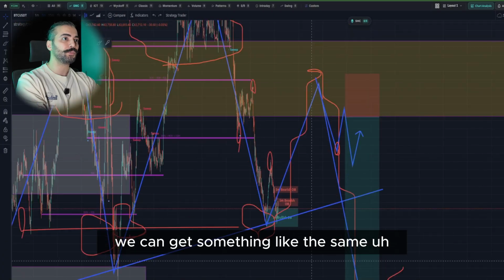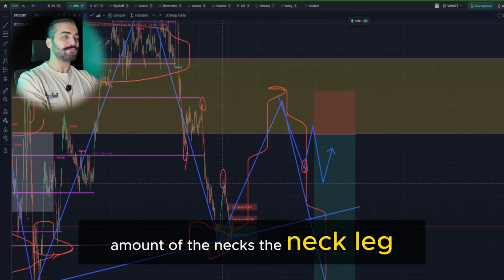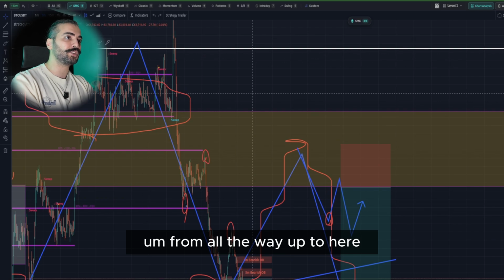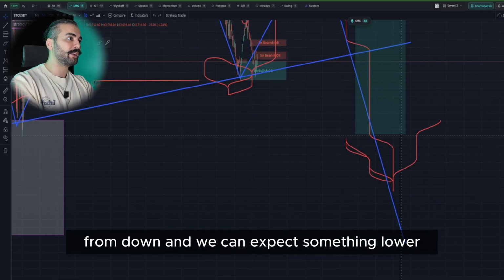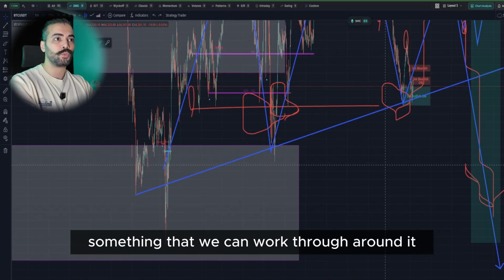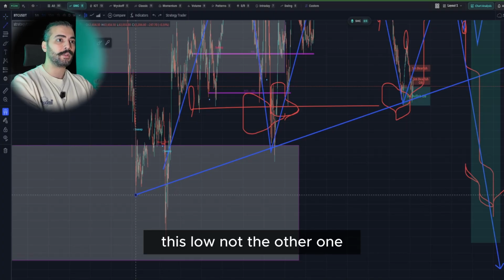And breaking it, we can get something like the same amount of the neck leg, from all the way up to here, from down. We can expect something lower, something that we can work through. We can even target the previous low here, this low, not the other one.